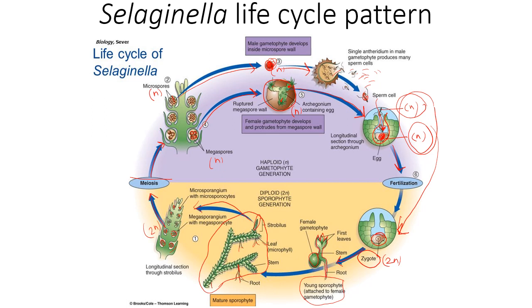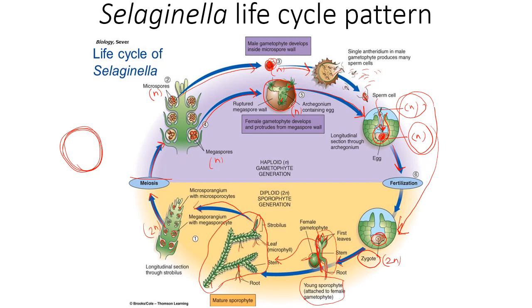When it grows further, it detaches from the gametophyte and this portion individually grows into a new sporophyte. So this way it grows in a cyclic way and this is what we call the life cycle.